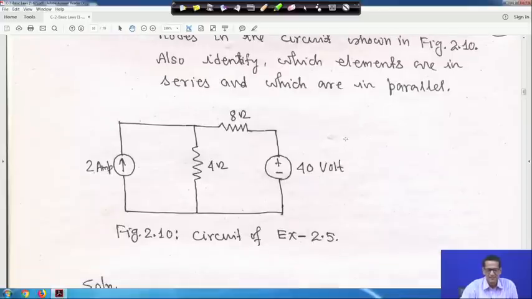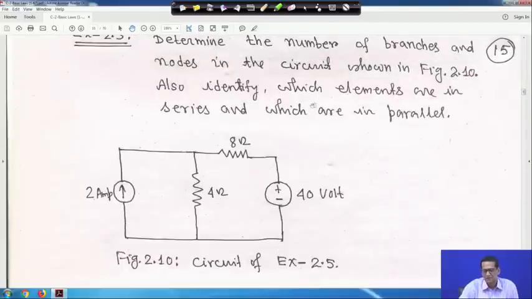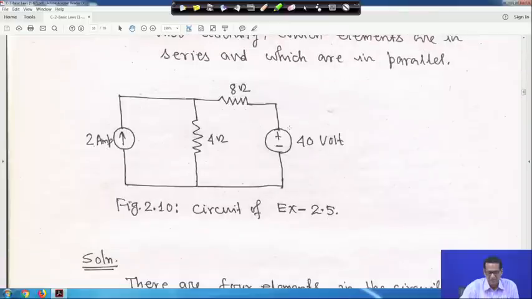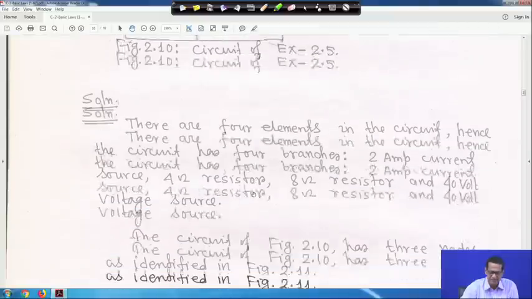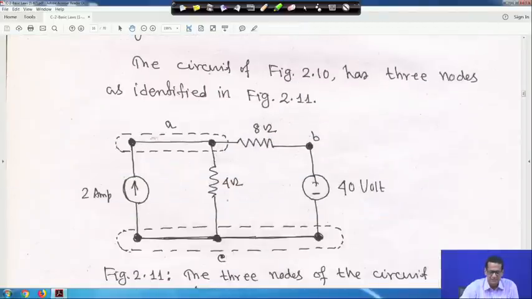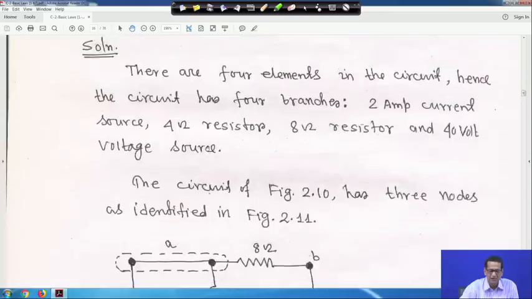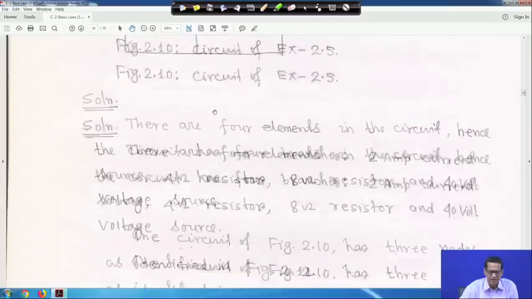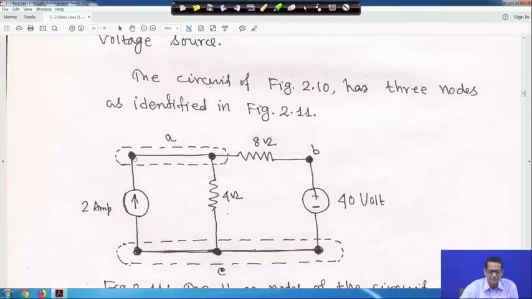So, the question is, this is a simple problem, you have to find out the number of branches and nodes in the circuit, and which elements are in series and which are in parallel. If you look at this point, these 2 points are connected by wire. Nodes we are marking by a dot.